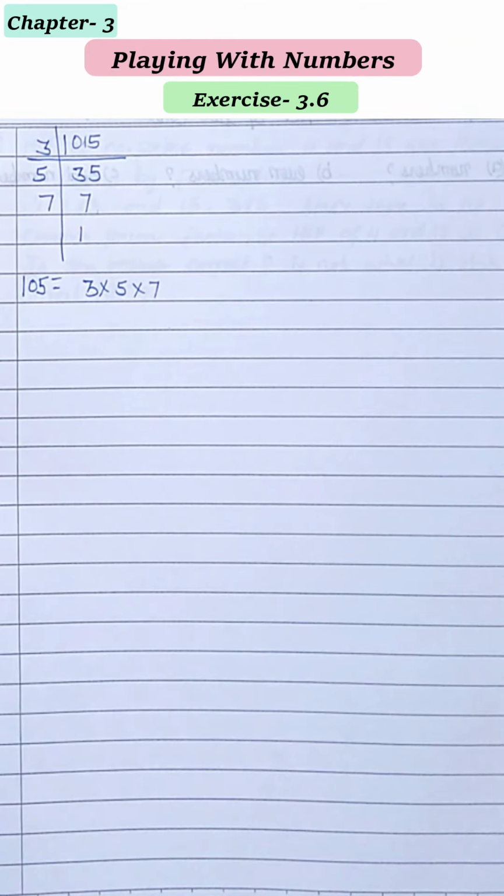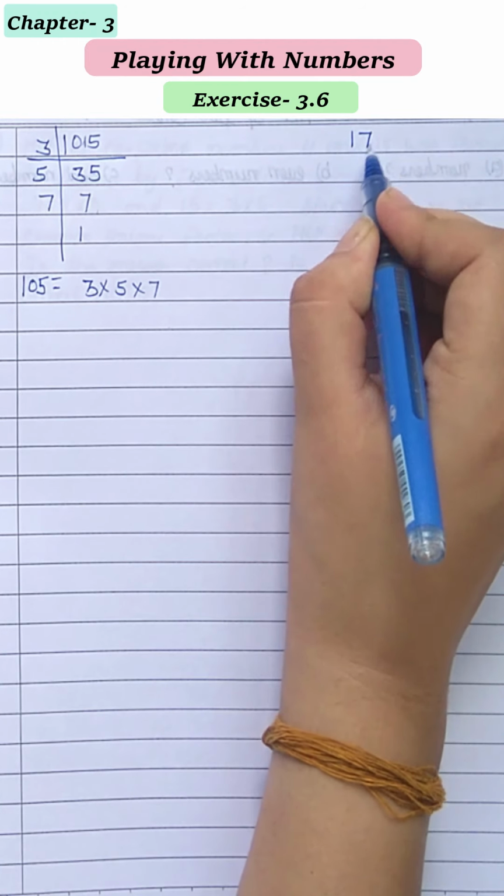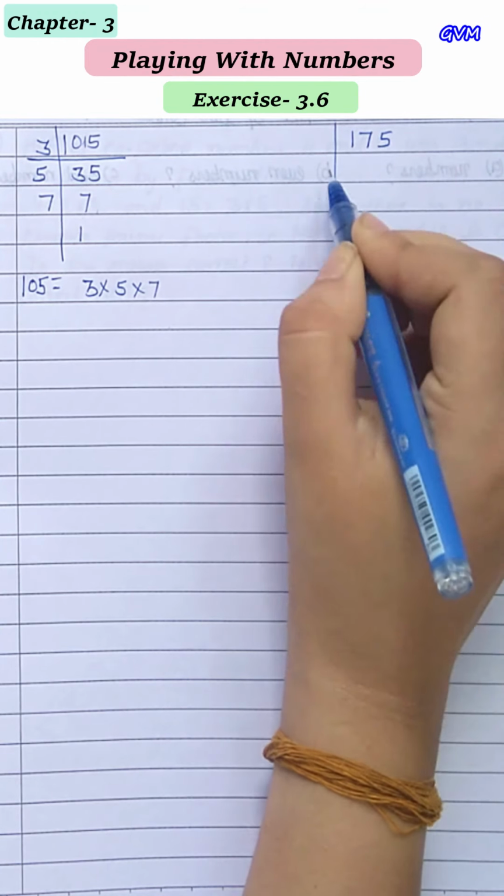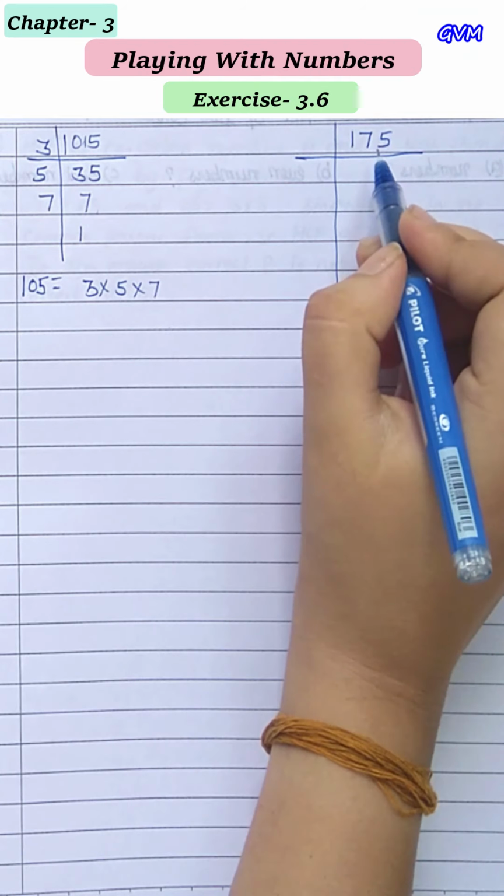Okay, and next we have 175. So factorize 175.